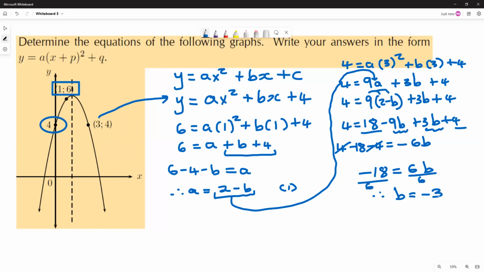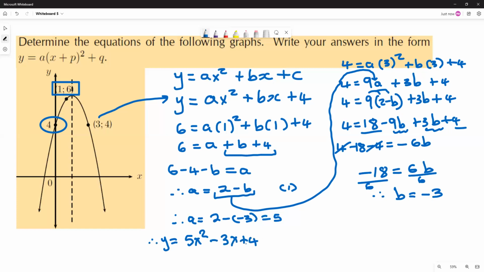After getting the b, you can therefore get your a. a equals 2 minus b, and b is -3. Therefore, a is 5. Now you have your graph as y equals 5x squared, and our b is -3x, then plus 4.